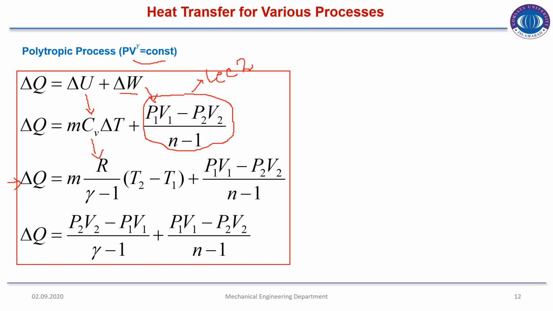Now, from the ideal gas equation, PV is equal to mRT, so mRT2 will become P2V2, and mRT1 will become P1V1, and the right side expression remains the same.